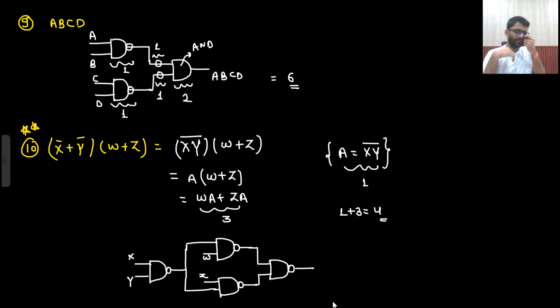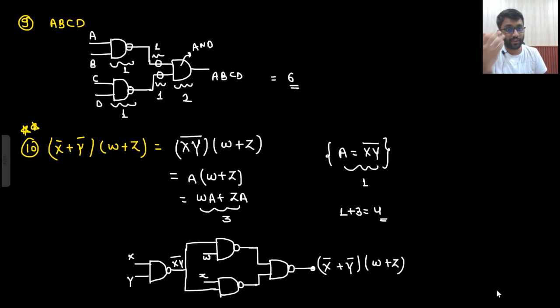That's it. This is the answer. Xy bar came here, xy bar into w, xy bar into z, and then addition of this. So this will be my function. That would be x bar y bar into w plus z. So this question came in GATE examination, and you need to think in this manner.